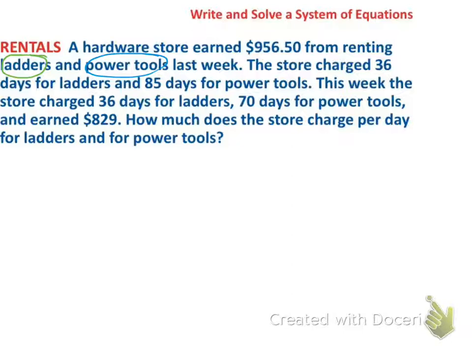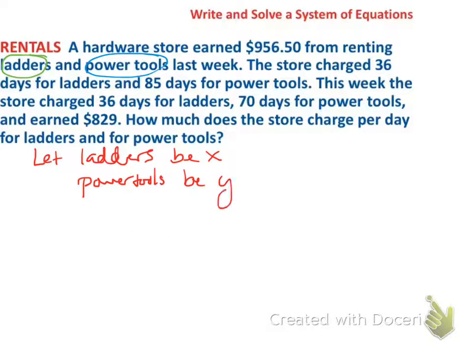So, we're going to write a system of equations. We've got 2 variables. We're going to let ladders be x and power tools be y. So we've got week 1 and we've got week 2. So those are going to be our two separate equations, week 1 and week 2.